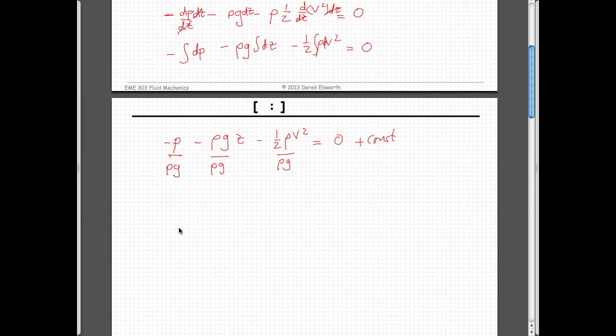And I always think of Bernoulli's expression as, these are all negative, so pressure divided by unit weight of the fluid plus elevation plus velocity squared over 2 times gravity equals constant.